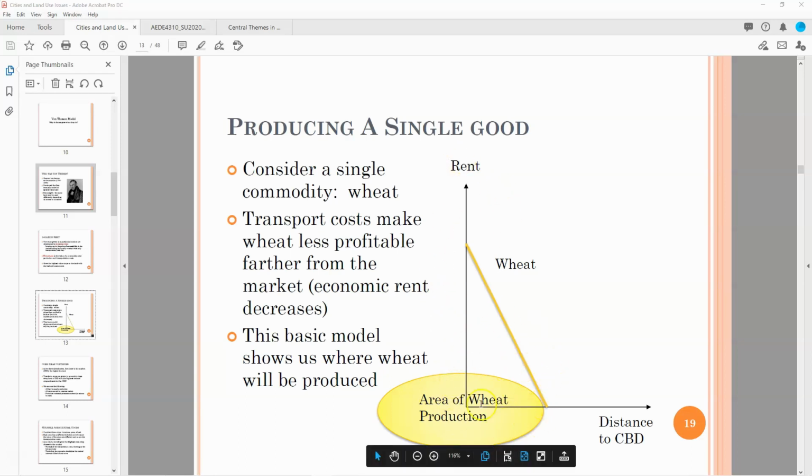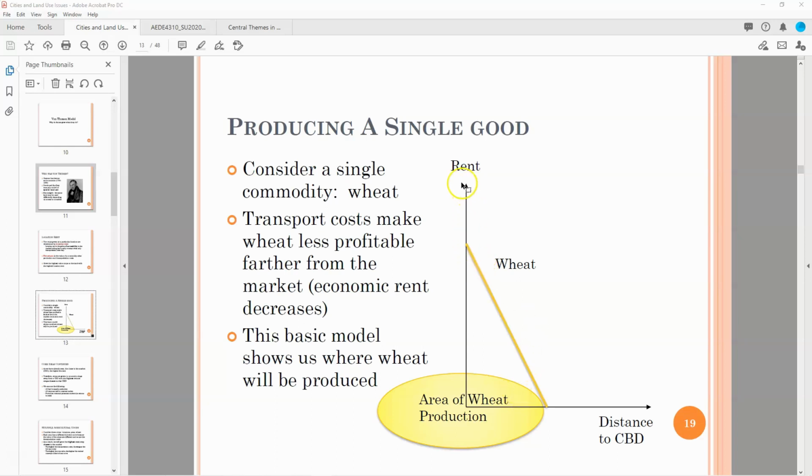And from this graph, we can say the area of wheat production is under the yellow curve, and this is the only area that is profitable for wheat production. Farther away from the CBD, there would be no profits for farmers to produce wheat, because they have to pay more for transportation, and the difference between total revenue and total costs would be negative.